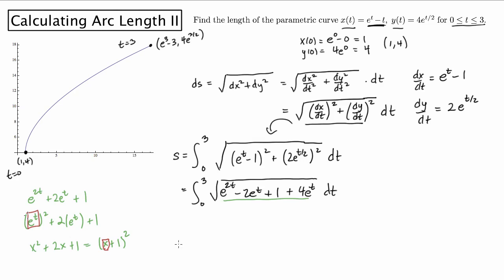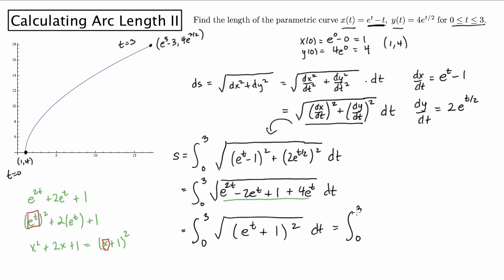And so the result is, if I take the integral I'm looking at here, this is the integral from 0 to 3 of the square root of, not x plus 1, but (e^t plus 1) squared dt. Well, that works out rather nicely.